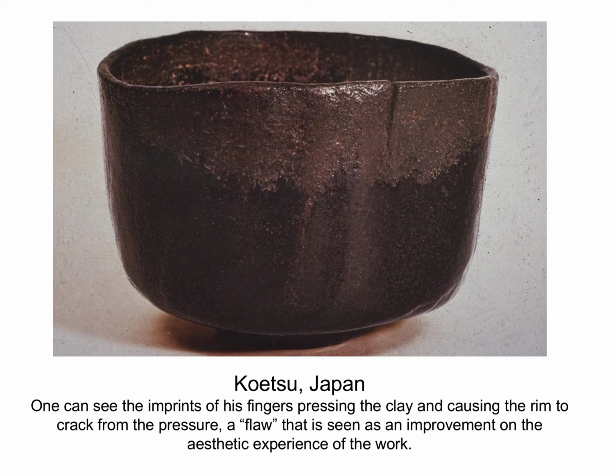So Koetsu was a very interesting maker as well. You can see on this tea bowl the traces of his fingers left on the wall of the bowl, and by pressing the clay between his fingers, it cracked the edge of that tea bowl. And those flaws are perceived by the Japanese tea master as an aesthetic improvement on the experience of the work.